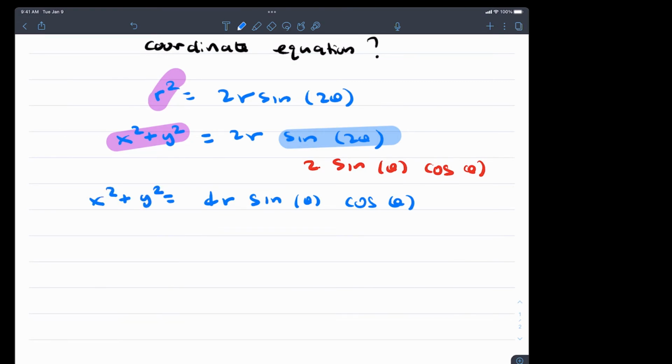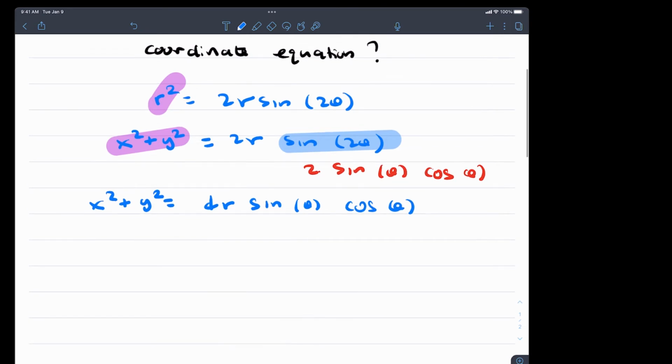X squared plus Y squared here. Okay, you guys okay with that? Easy breezy lemon squeezy? Just kind of remark now, you say, well, what do I do with this now? Well, you have kind of a dilemma.